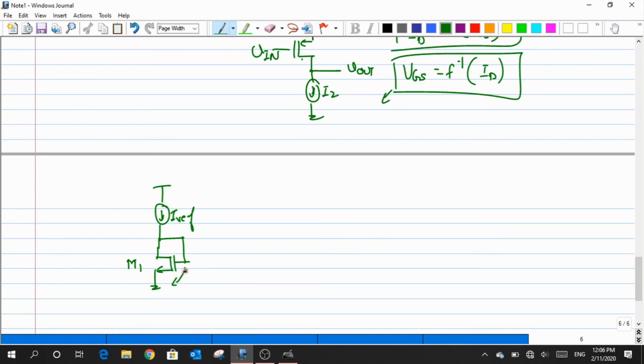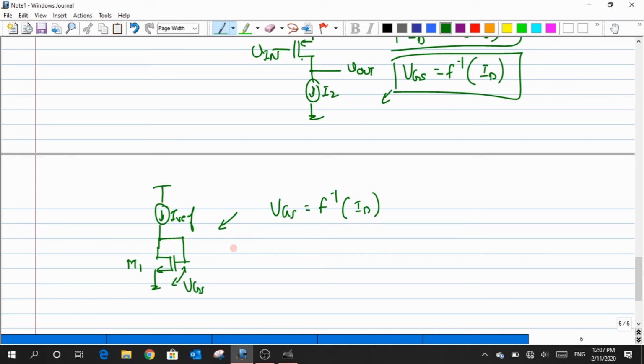The VGS would be automatically set by the current that is flowing through this drain. So this in turn generates the appropriate value of VGS for the device. So this circuit helps me extract the value of VGS for a given current.